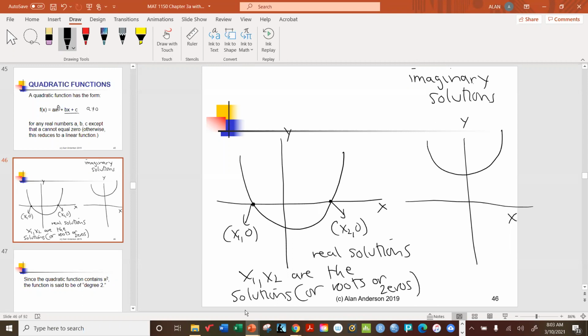In fact, his theorem said that the number of solutions of any polynomial function equals the highest exponent in the function. So when we get to cubic functions, where we have an x cubed term, we'll see that there have to be 3 solutions. Here, we're guaranteed to have 2 solutions, but we're not guaranteed that they're real.